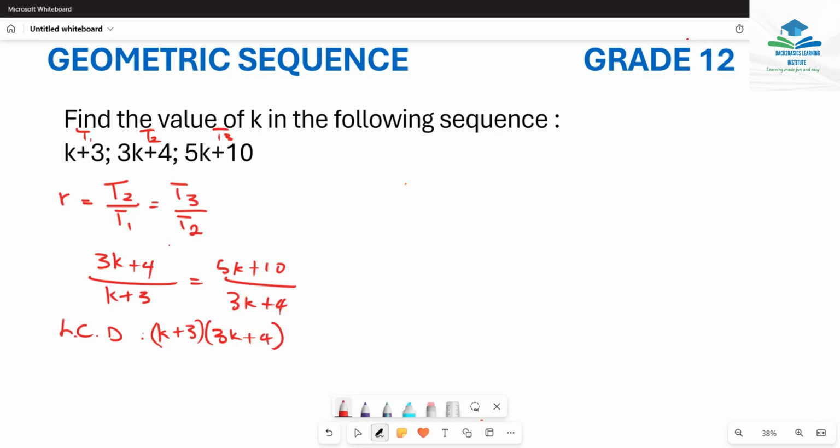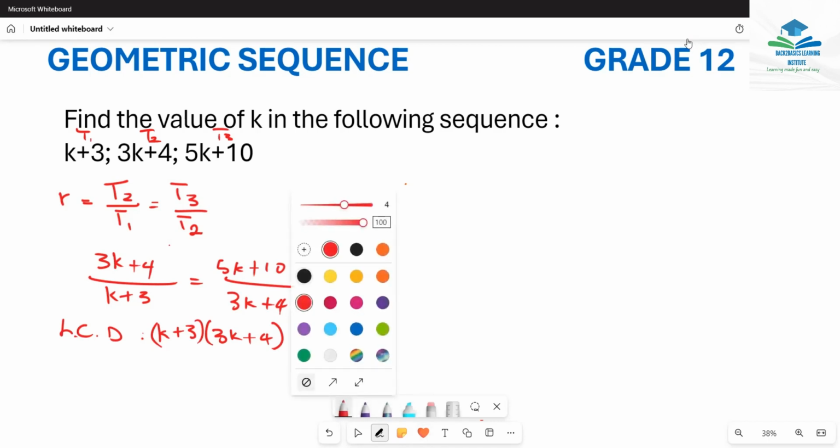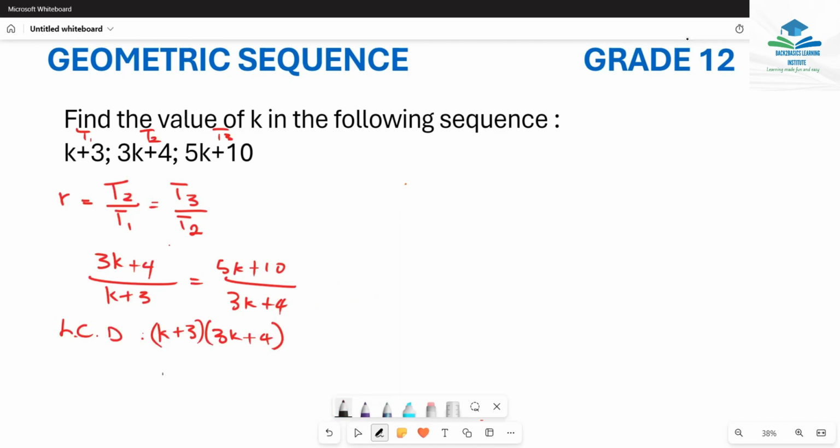So what can we do? On this particular side, you are going to multiply both of these fractions by our LCD. Here we have 3k plus 4, multiplied by what?